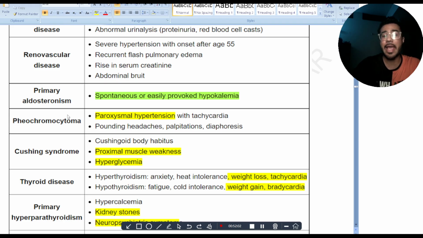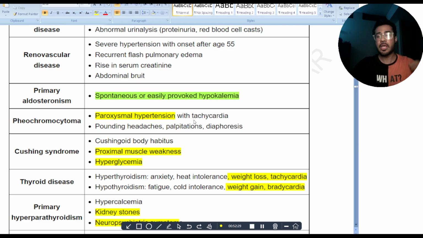Pheochromocytoma results in episodic release of catecholamines. So you're going to get episodic headache due to really increased blood pressure, and episodic palpitations because they cause sympathetic overactivation. You're going to get paroxysmal hypertension with tachycardia. The heart rate instantly rises, in a paroxysmal or intermittent manner.